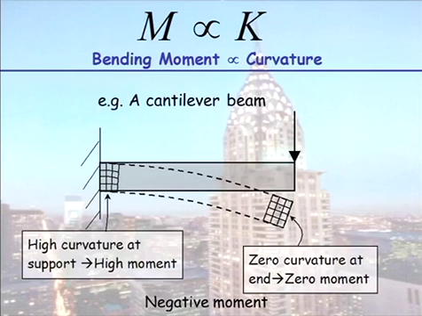The curvature increases as you move along. High curvature, maximum curvature at the support. So please, when you draw your bending moment diagrams for a cantilever, don't draw maximum moment at the tip of the cantilever. That's where the moment will be 0. The only time the moment won't be 0 there is if you actually apply a moment.